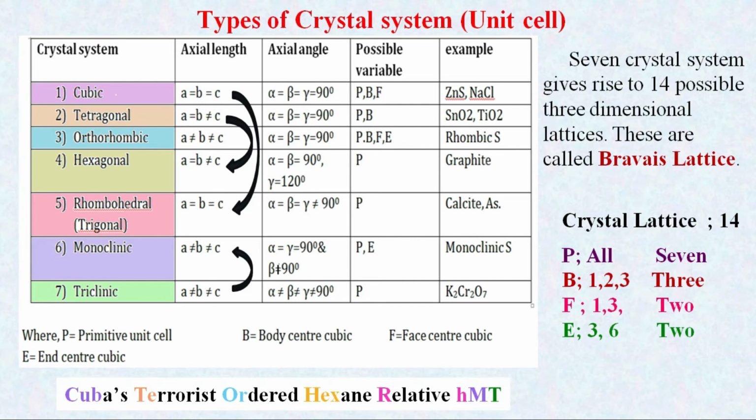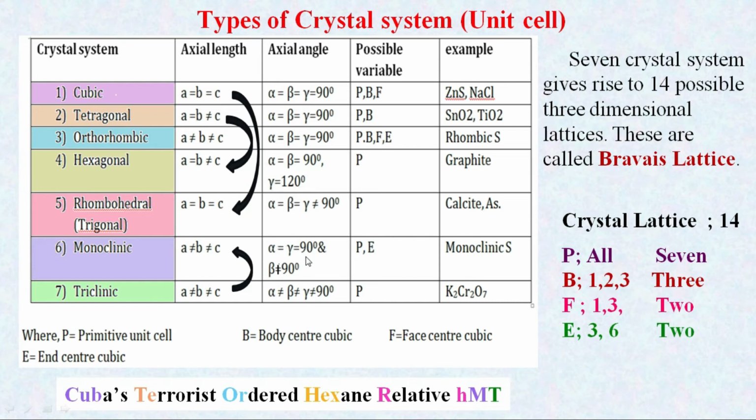And everyone knows in benzene one of the angles is 120 degrees. That is, the internal angle of a hexagon is always 120 degree. So if you remember this one hint, then the relationship of angles is very simple. That is alpha equal to beta equal to 90 degree, and one of the angles is 120 degree.